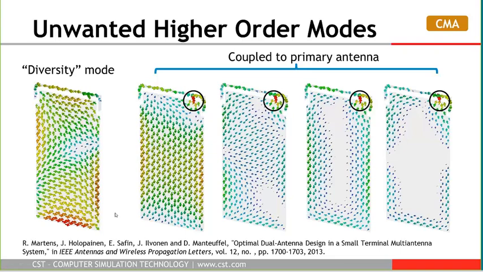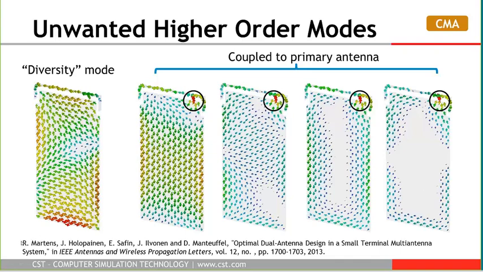And now the question is, we need to place the coupling element, the inductive coupling element, the slot I showed you, in such a way that we excite the diversity mode and simultaneously suppress the higher order modes.